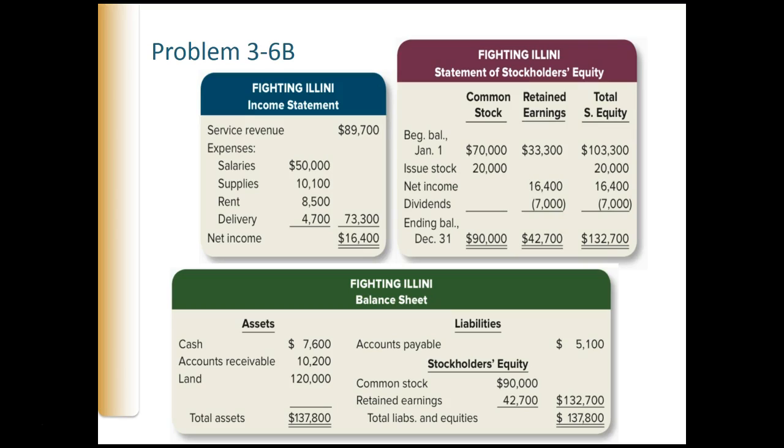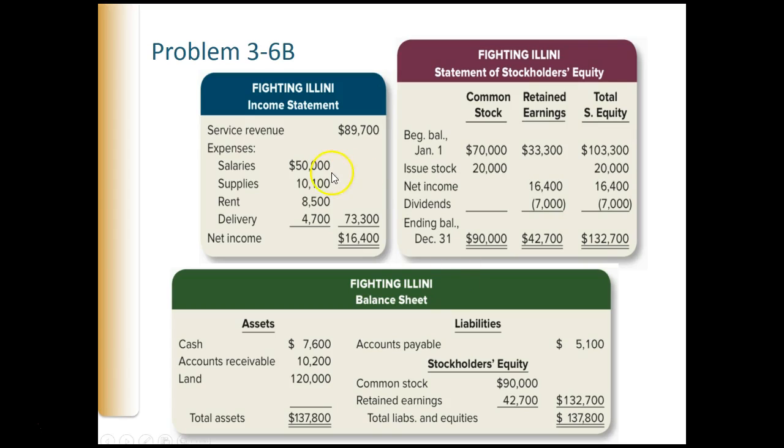When we talk about the transactions to clear out the temporary accounts, remember the year-end closing entries involve getting rid of the temporary accounts. The temporary accounts include revenue accounts, expense accounts, and dividends.